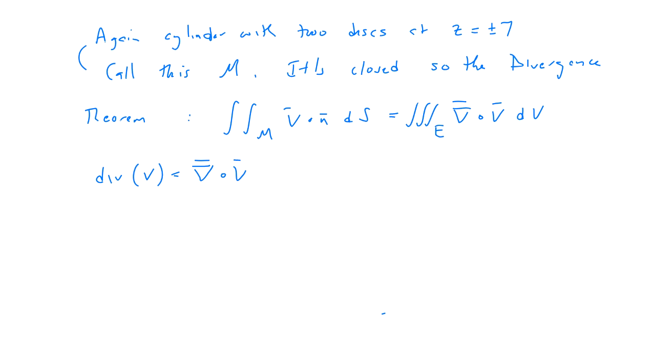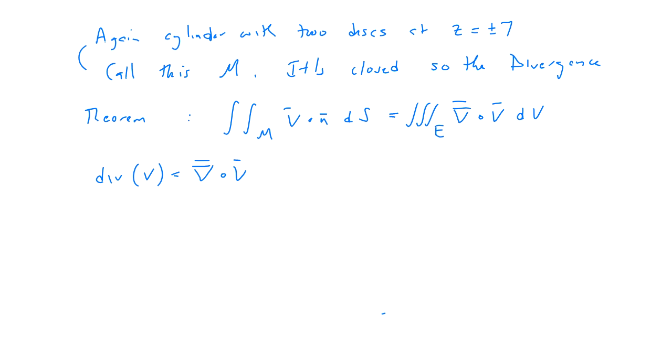And you can write it either way. The second one is just a way of remembering what it is, which is the derivative of the first entry with respect to x plus the derivative of the second entry with respect to y plus the derivative of the third entry with respect to z.